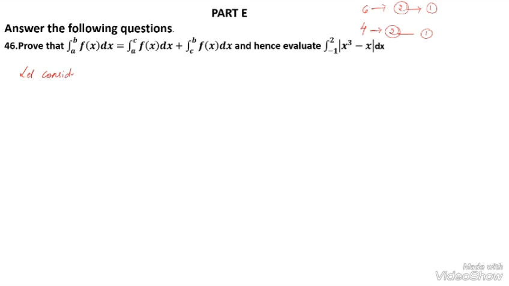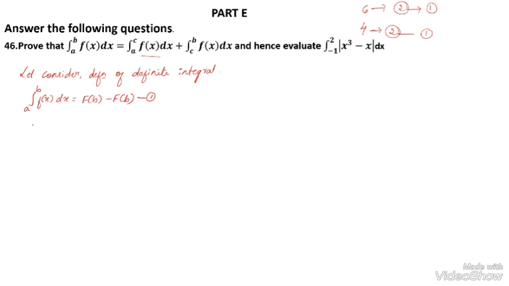Let's consider the definition of definite integral. That is, integration of a to b f of x dx is equal to f of upper limit minus lower limit. This is equation number 1.